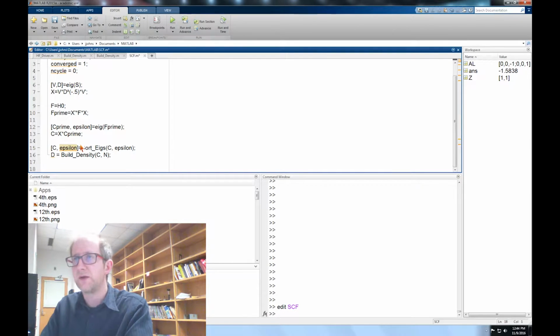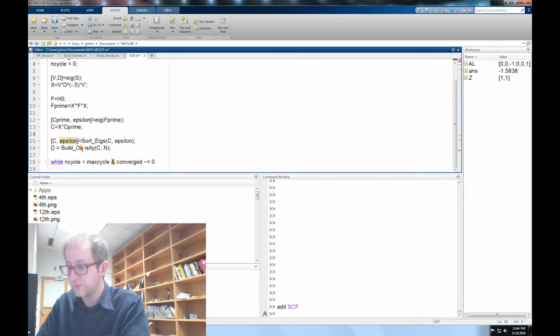building the Fock operator and building the exchange and correlation operators as well. So while in cycle is less than max cycle and converged is not equal to 0. We're going to change that to equal if we think we're converged. We're going to do the following loop. In cycle equals in cycle plus 1.